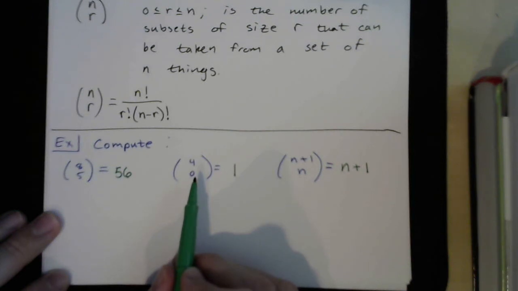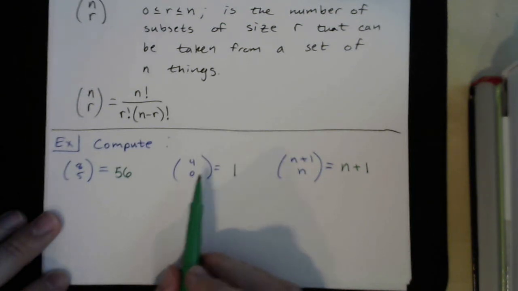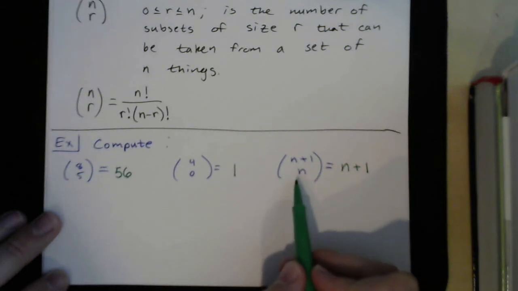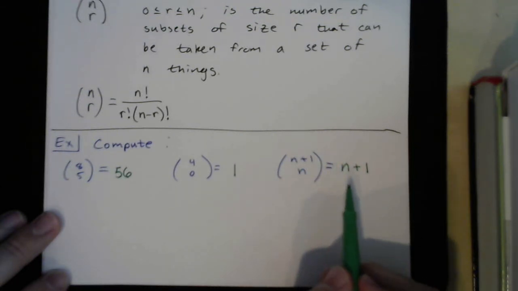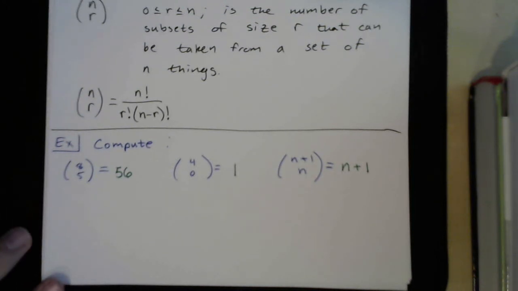The number of groups with 0 people that I can make out of 4 is 1, because there's only one way to make a group with 0 people. That's none of them. And the number of groups with n people that I can make out of a total of n plus 1 is only n plus 1 people. So that's the end of 5.1. I'll be starting 5.2 momentarily.